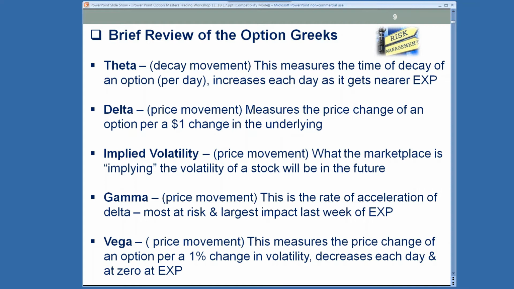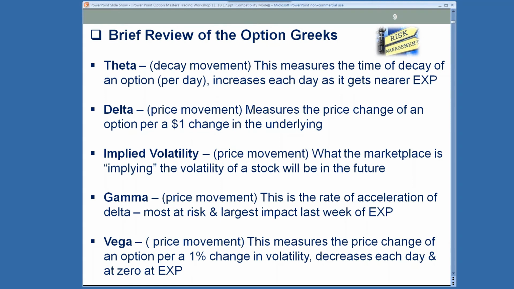And then we'll go through delta, which is a measurement of price movement. Measures the price change of an option per a dollar change in the underlying. Implied volatility, it's also price movement, so what the marketplace is implying the volatility of the stock will be in the future. And then gamma, so that's also price movement, and it's the rate of acceleration of the delta.